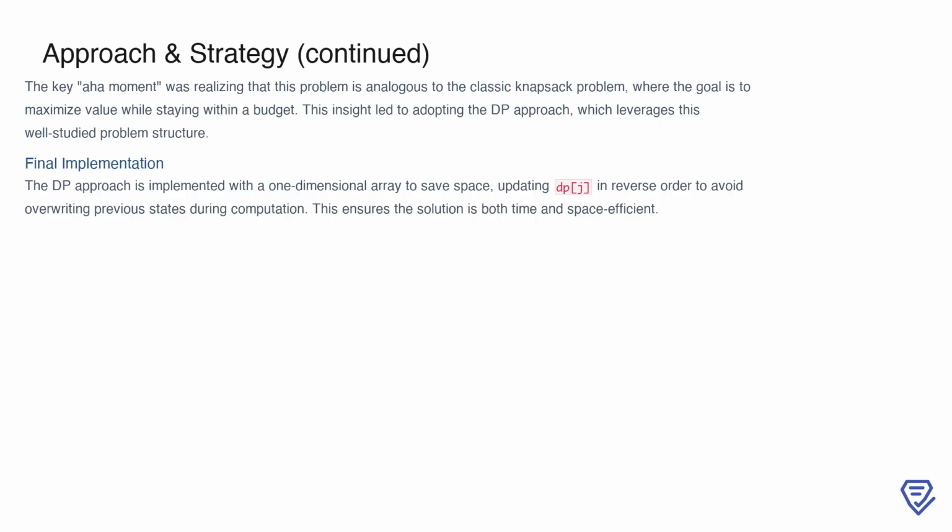During computation, the dp array is updated in reverse order to prevent overwriting states that are still needed for future calculations. This approach ensures that the solution is not only time-efficient but also space-efficient, making it practical for larger inputs. By leveraging this analogy and optimizing the dp implementation, we achieve a robust and scalable solution to maximize the value of the gift cards.